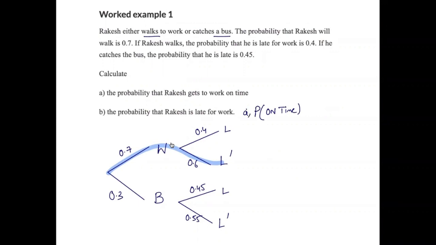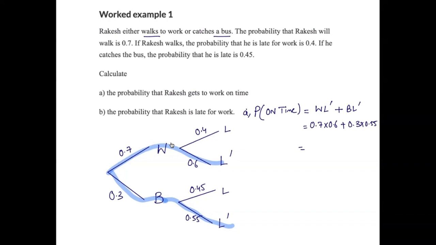So he is not late when he walks, or he takes the bus and he is not late. So what is the probability going to be? 0.7 times 0.6, plus 0.3 times 0.55.